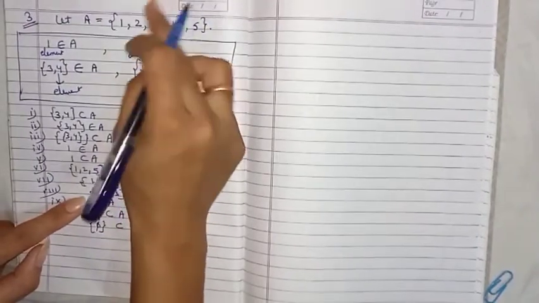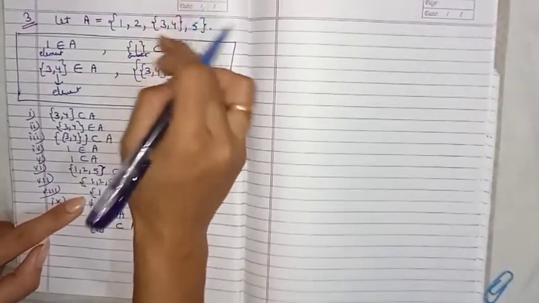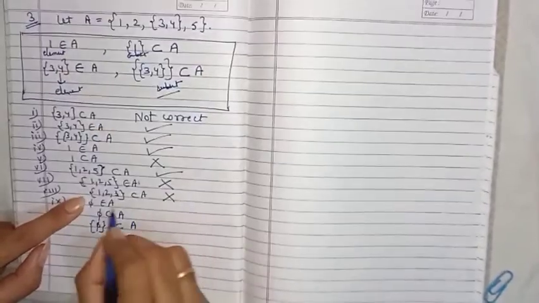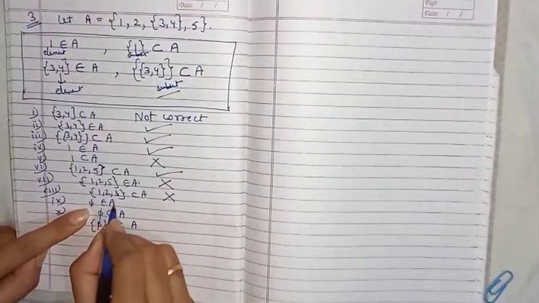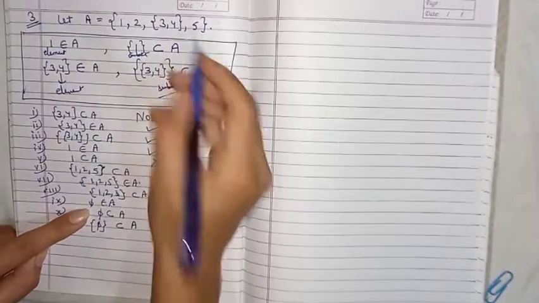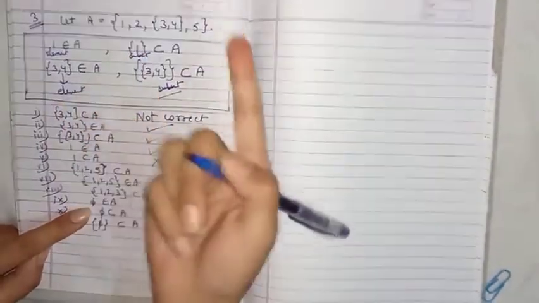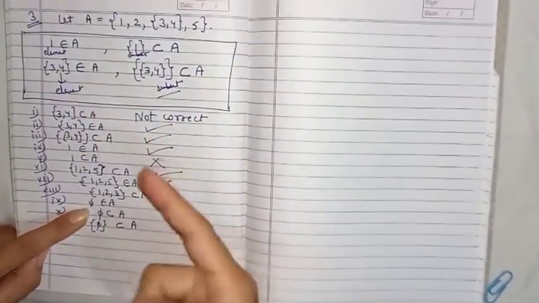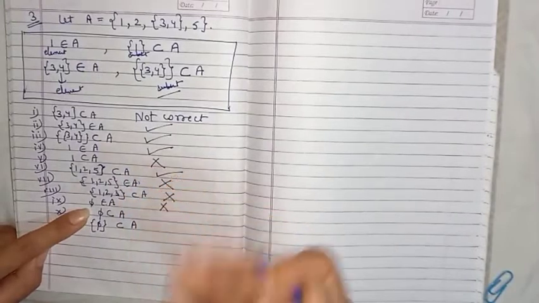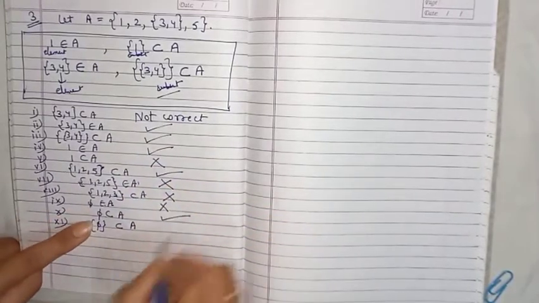I cannot separate 3 from 4, because it is a collective element in the given set A. Now 5 belongs to A? No, 5 is not an element of A, but 5 as a set is a subset of A, because the 5 set is always a subset of every set. So here it is correct.